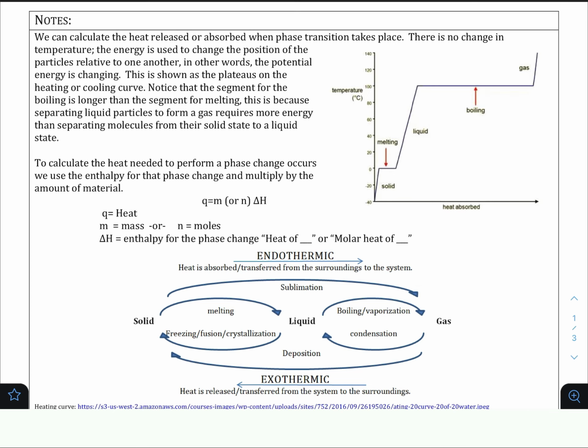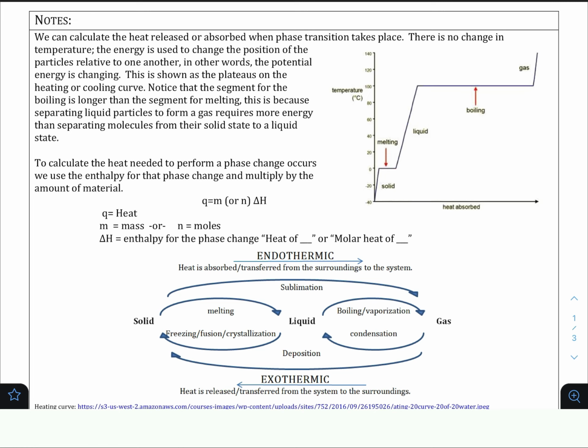Then, as we continue to add heat, the temperature doesn't change, because all of that heat being absorbed is used to break the IMFs in order for us to go from a solid to a liquid.